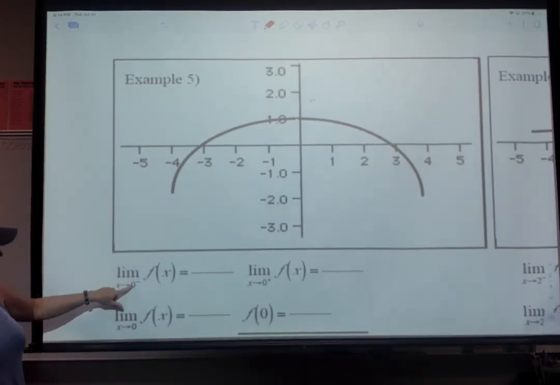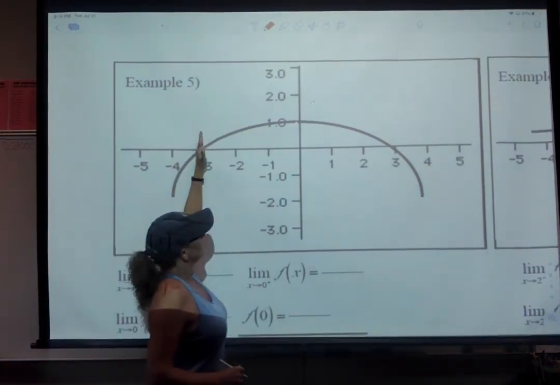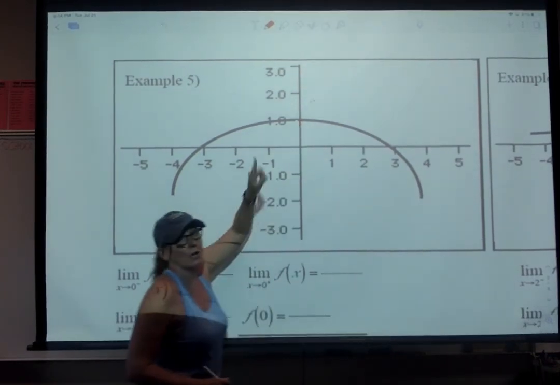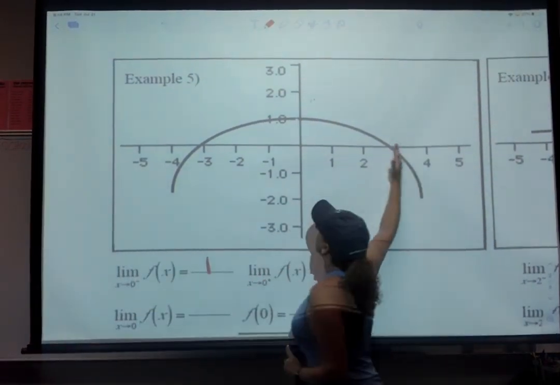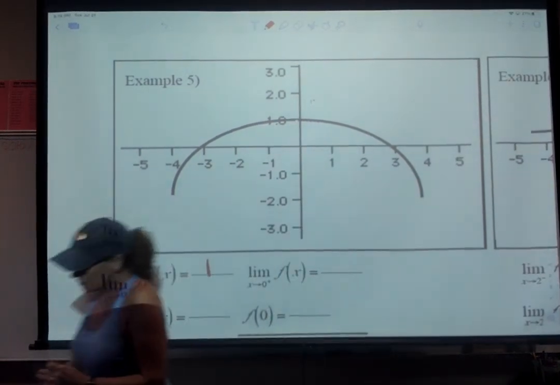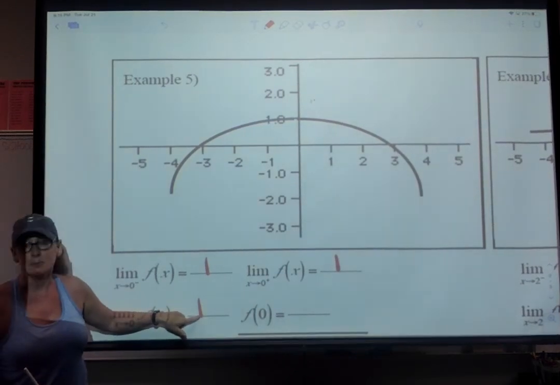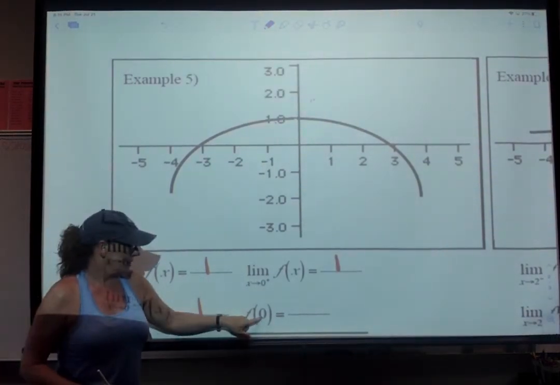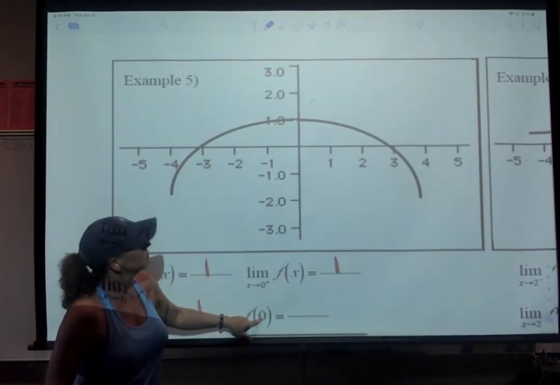This time we're looking around 0. So limit from the left, as x approaches 0, my y's are headed toward 1. Limit from the right, my y's are headed toward 1. They match. So the answer to the limit is 1. And just for fun, there's a point at 0 comma 1.